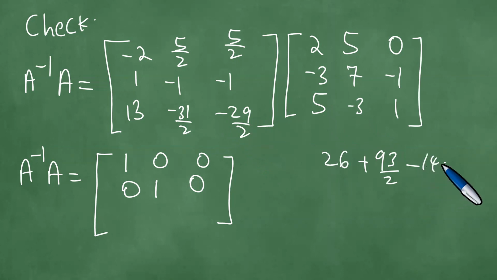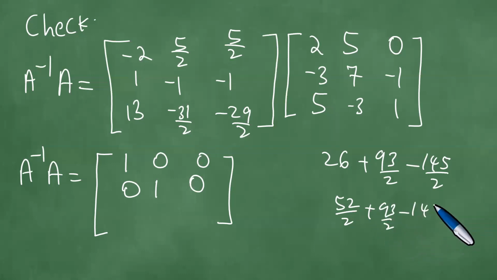So 145 over 2. But obviously this one is 52 over 2 plus 93 over 2 minus 145 over 2. And therefore, if you add these two here, this one is 145. So the result is 0.